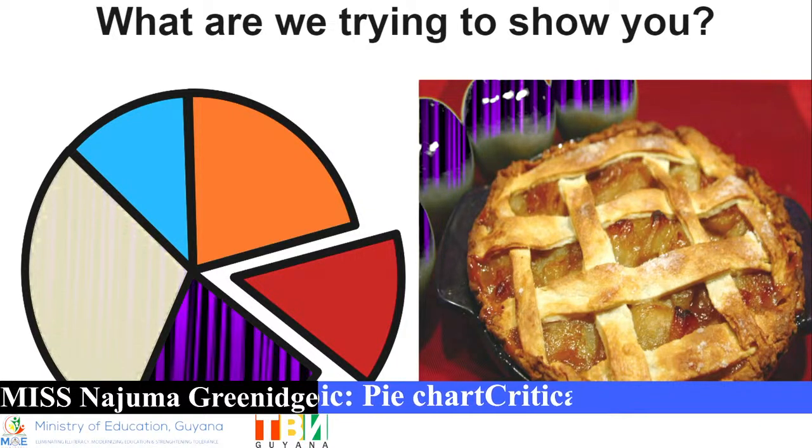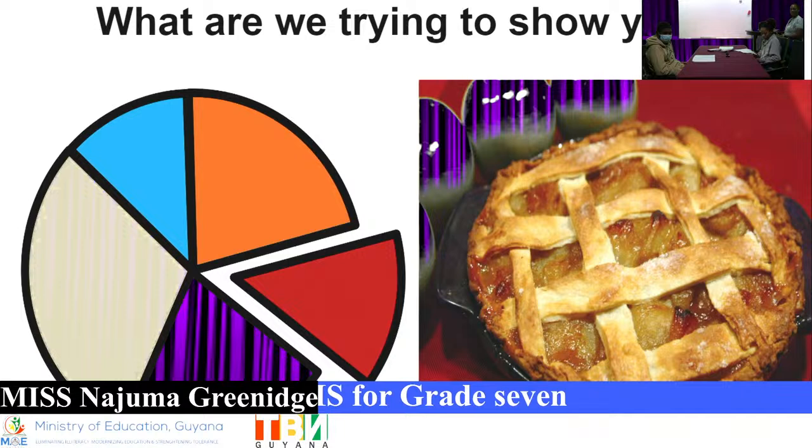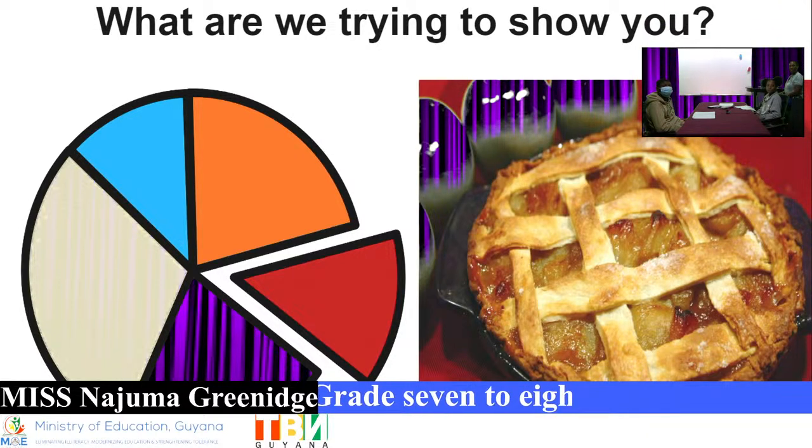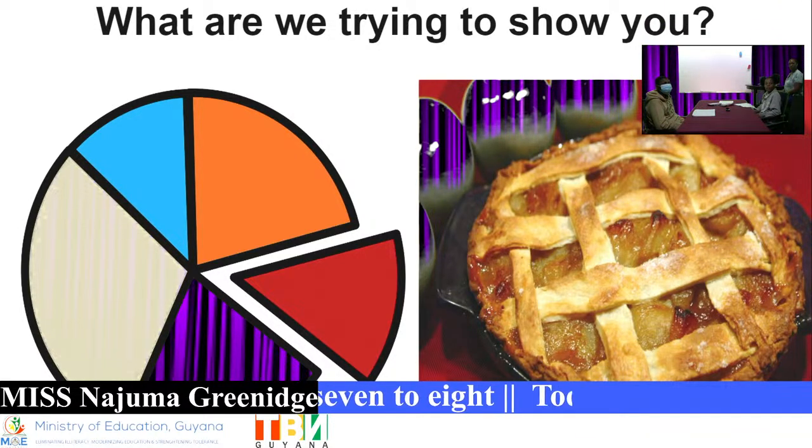And remember we related it to a pie and the slices of a pie or a pizza. It was one of the things that helps you to recognize a pie chart. It's circular, flat, and shaped like a pie.